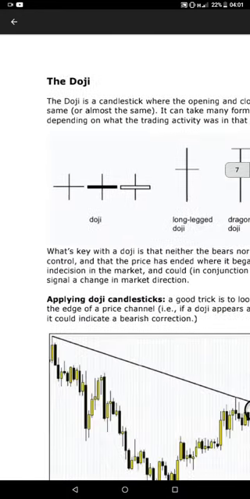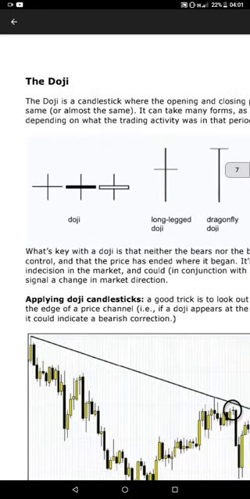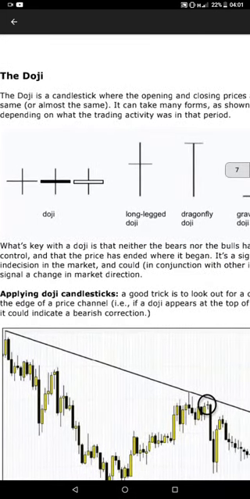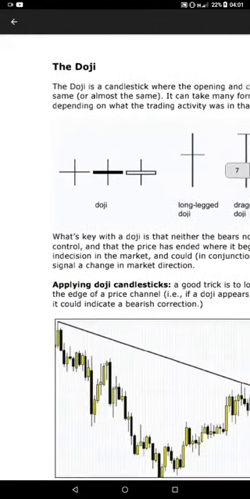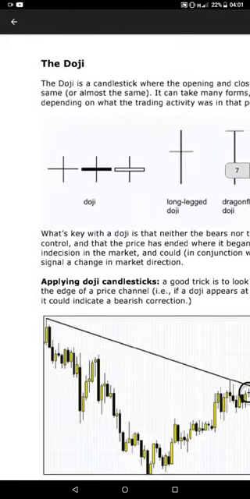Okay, guys, we are going to the Doji. The Doji is a candlestick where the opening and closing prices are the same or almost the same, guys. Not every time will they be the same. Sometimes they will be the same, sometimes they will not, guys. Okay, guys.